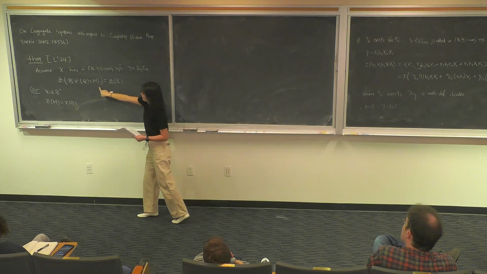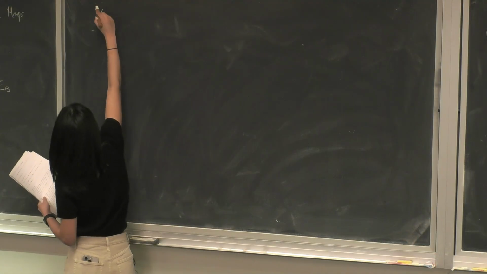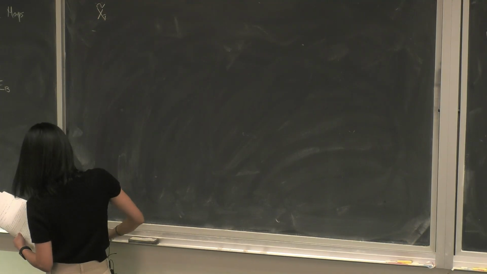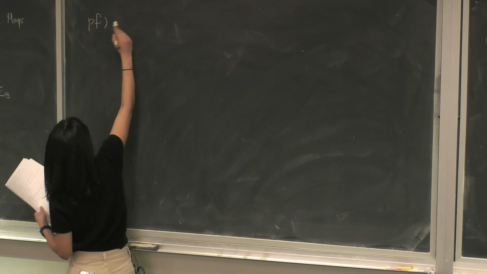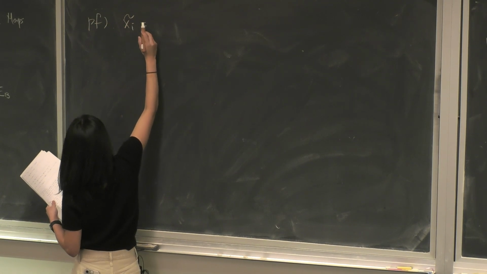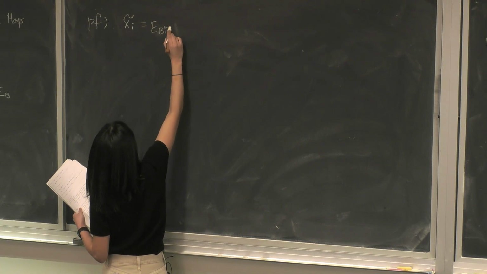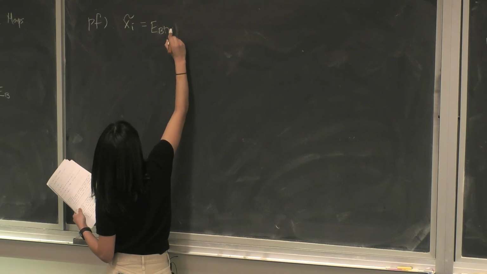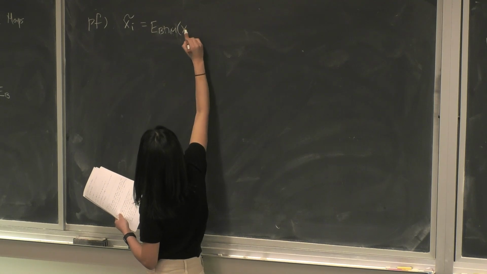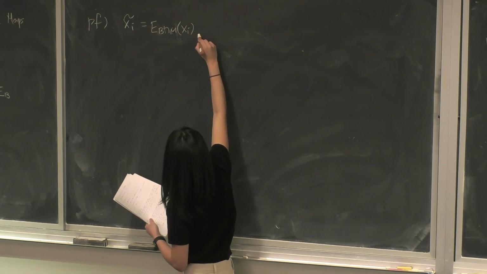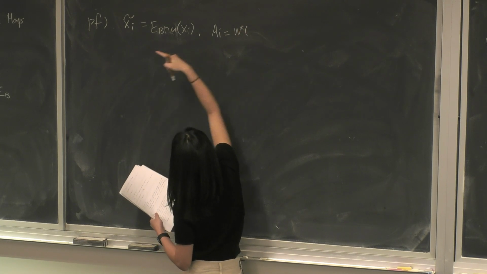So since we have this new object, I'm going to denote Xi tilde as the conditional expectation onto the relative commutant of B of the Xi's. And A_i is the polynomial algebra generated by this one Xi.